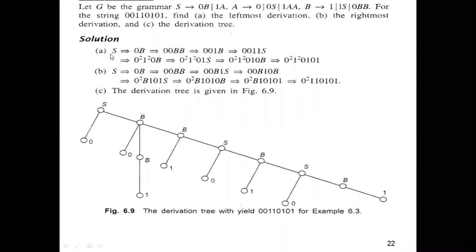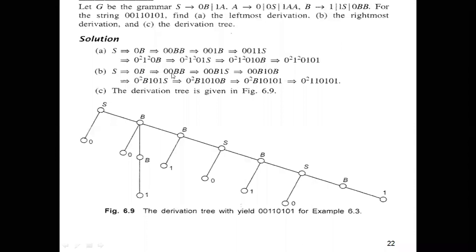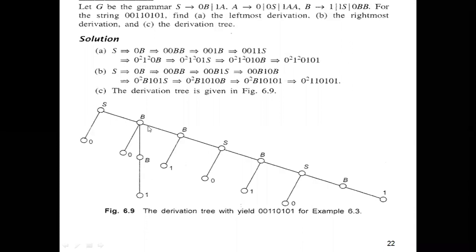In the left also we start with 0B, as well as in the right also we start with 0B. And in the place of this 0B, we substitute 0BB. In the place of this B we substitute 0BB.